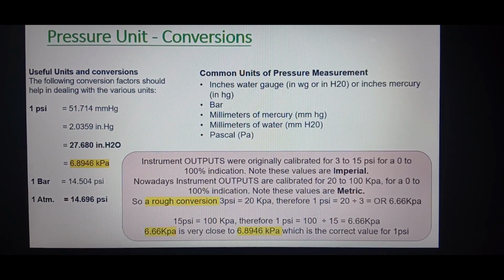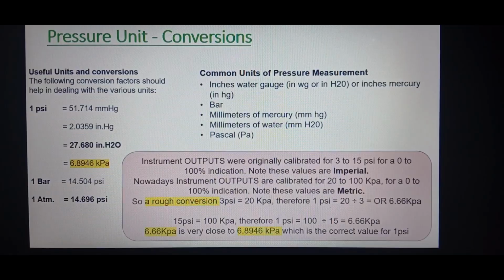Common units of pressure measurement: inches water gauge, or inches of mercury; bar; millimeters of mercury; millimeters of water; and pascals. Now, a few years ago, we used to calibrate instruments for 3 to 15 psi for a 0 to 100 output indication.